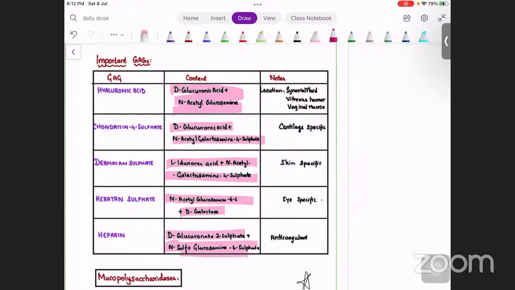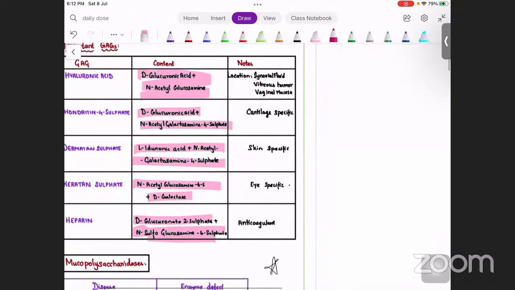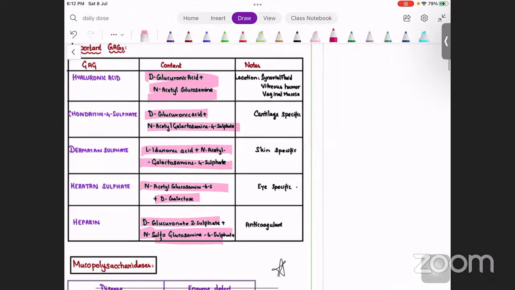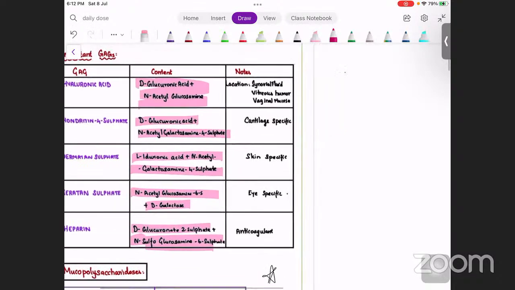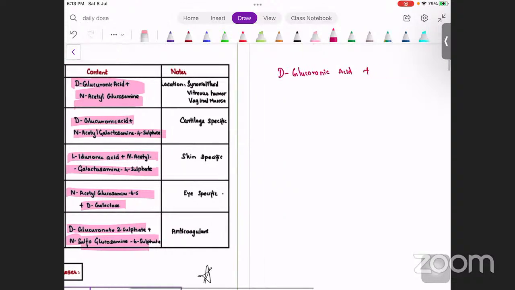So now speaking about that, you are having this hyaluronic acid. How do you remember the contents of these important GAGs? I used to remember the hyaluronic acid, that is your D-glucuronic acid plus N-acetyl glucosamine.